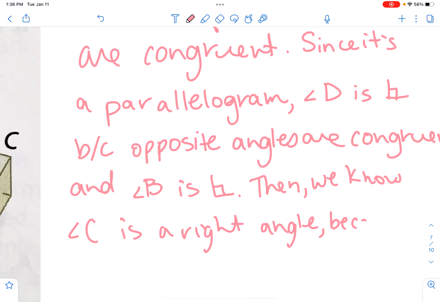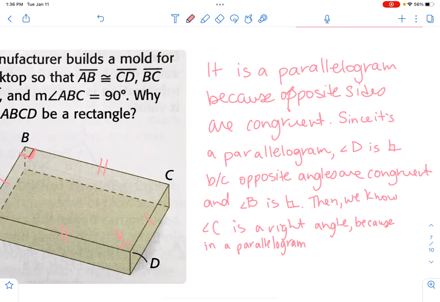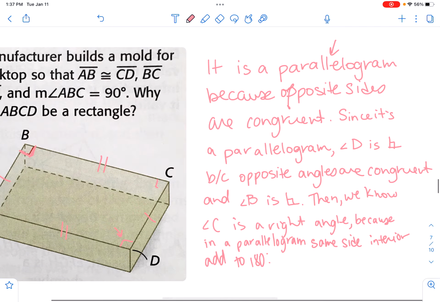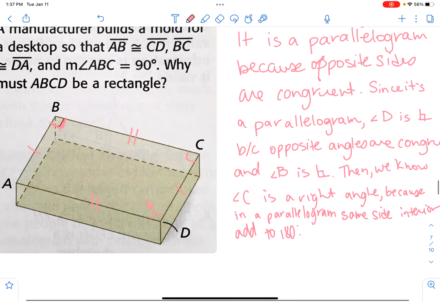So because in a parallelogram, which we have because we proved it up here, same side interior add to 180. You could do a full written out proof, 2 columns for this. I just think this might help you guys to explain it a little better.